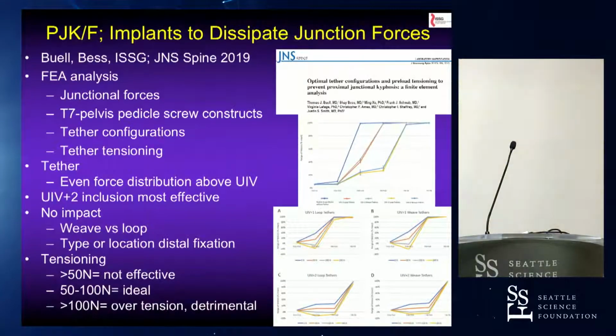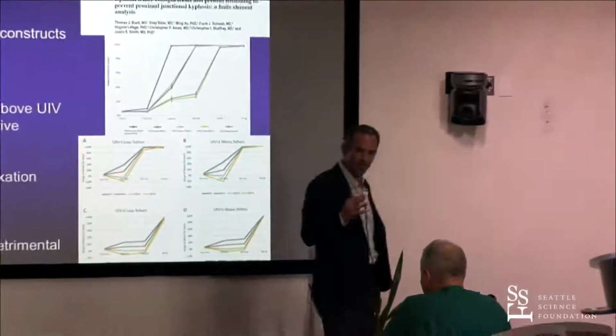But here's something that's very interesting: if you don't tension it at all, it has no effect whatsoever, which makes sense, right? Because all you have is a tether that's floating in the breeze. If you tension it to about 50 to 100 newtons, that's ideal. It's going to dampen those forces.